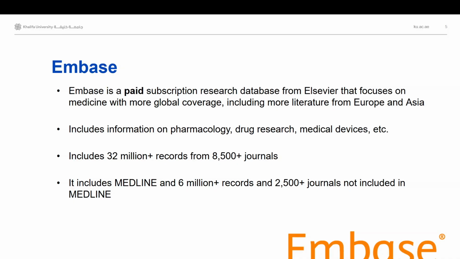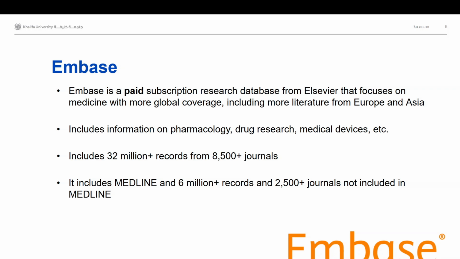Like PubMed, it covers general medicine, but it also has some good focused areas in things like pharmacology, drug research, medical devices, etc. And as we'll see, those include specialized search tools. Like PubMed, it has quite an extensive list of records, 32 million plus.